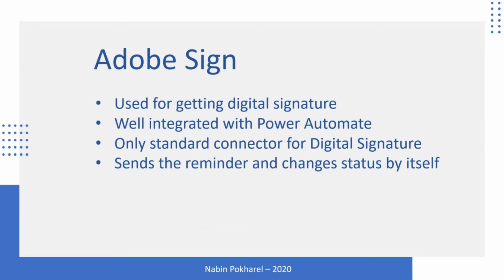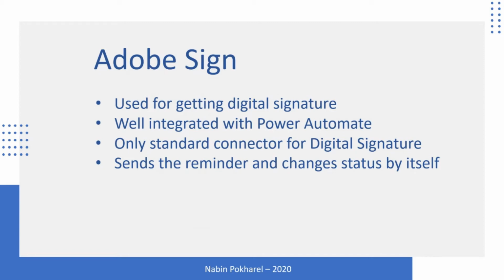So far, I have found Adobe Sign is the only standard connector for digital signature in Power Automate. All other digital signature applications, such as DocuSign and HelloSign, are premium. That means if we need to use them, we have to pay their license, and we also need to upgrade from the standard license to a premium license for Power Automate in order to use those.